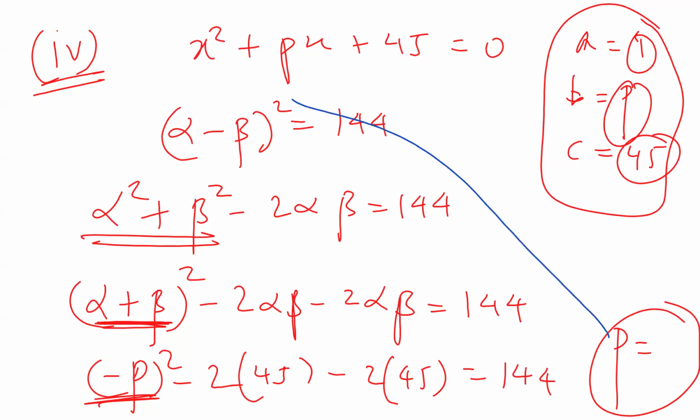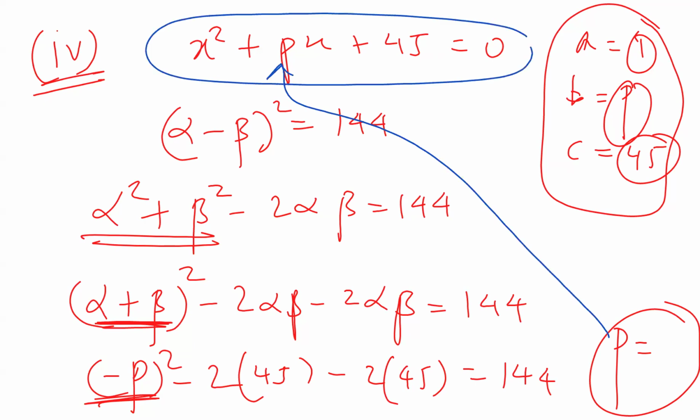This value of p you will have to substitute over here, and this will be two different quadratic equations because there are two different values of p. So put the first value of p in this quadratic equation and solve it, then put the second value of p in this quadratic equation and solve it. So this is how you have to proceed. It doesn't end at the value of p.